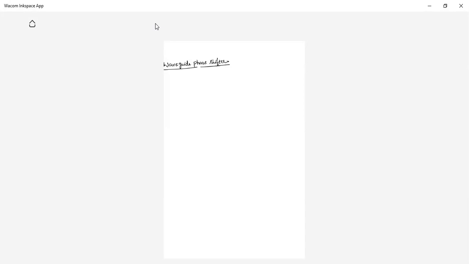How much phase shift is introduced by that phase shifter depends upon beta. What is beta? Alpha, beta, gamma. Beta is phase constant. Beta is equal to 2 pi by lambda g. What is lambda g?